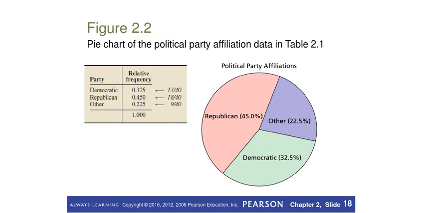When we talk about a pie chart, however, a couple of things that you must note. If you are going to make a pie chart, number one, to be a good pie chart, you have to have some sort of key that labels each of the slices, right? The other thing is that you need to put on the percentages.